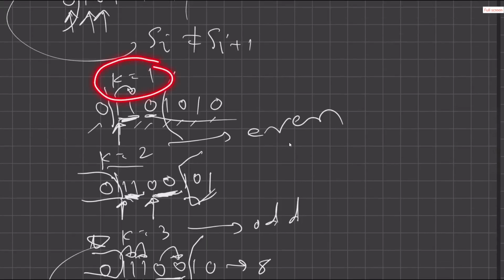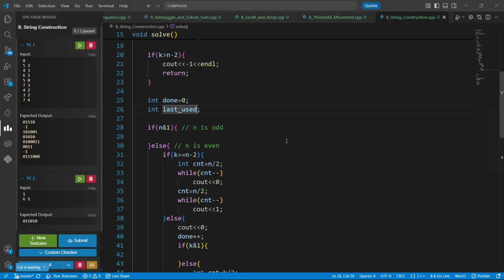It is going to come in the case of k equal to 1, where count will be k by 2 plus 1. So 1 by 2 is 0, plus 1 is again 1, which means you will be printing 1 and next you will be printing. But since the count of zeros will be just k by 2, in that case we don't need to print this. For that reason I'll be taking last, initially initialized with 1.